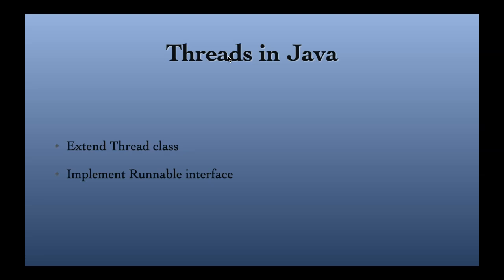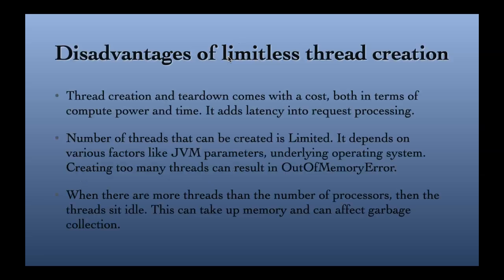Why can't we just create a new thread for every request? The problem with this approach is that thread creation and teardown comes with a cost, both in terms of the processing power as well as the time, because to create or tear down a thread, it adds some latency into your overall processing.